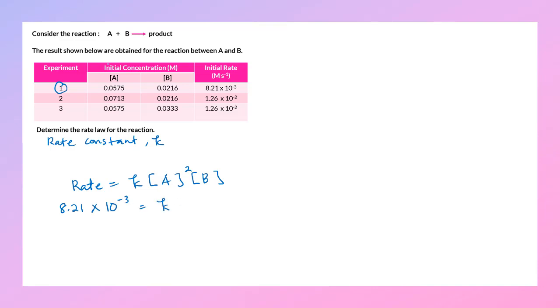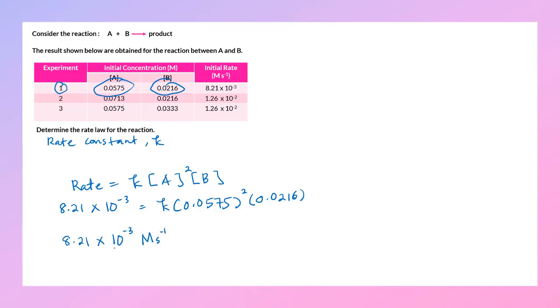K times the concentration of A, 0.0575 to the power of 2, times B, 0.0216. Now let's calculate the value of the rate constant. I suggest you substitute this data with their respective units.